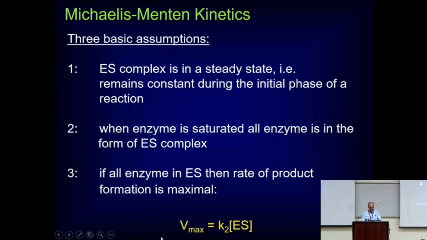Okay? It can't work any faster. And Vmax, by definition, is given this formula. It's not that crucial, but understand that Vmax of any enzyme is when the enzyme is completely saturated with substrate.